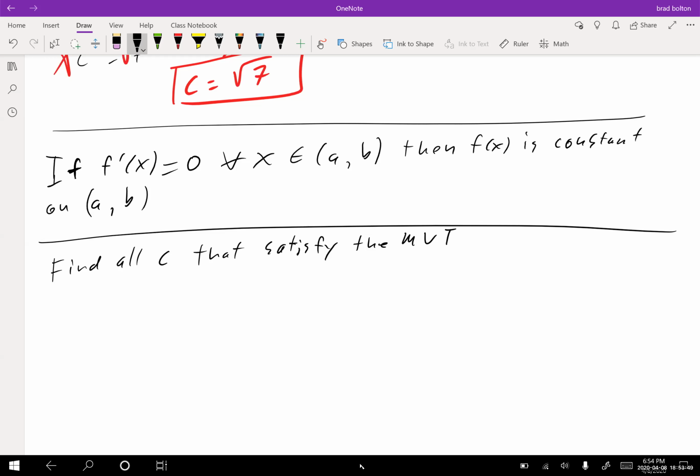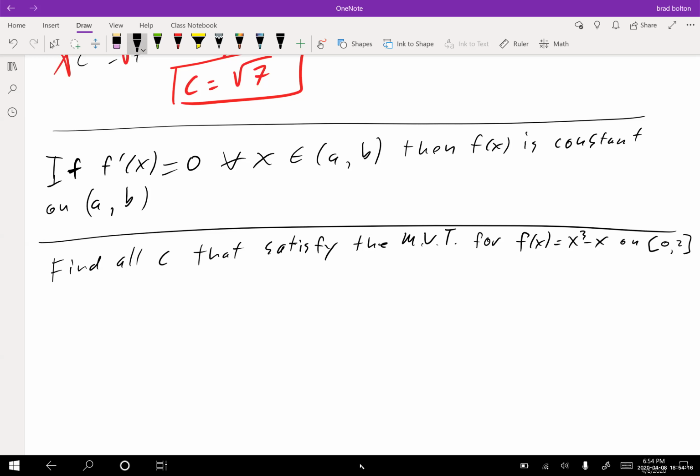I guess it's not really much harder. Find all c that satisfy the MVT for f of x equals x cubed minus x on 0 to 2. Okay, so take a minute, pause the video, make sure you know how to do this.